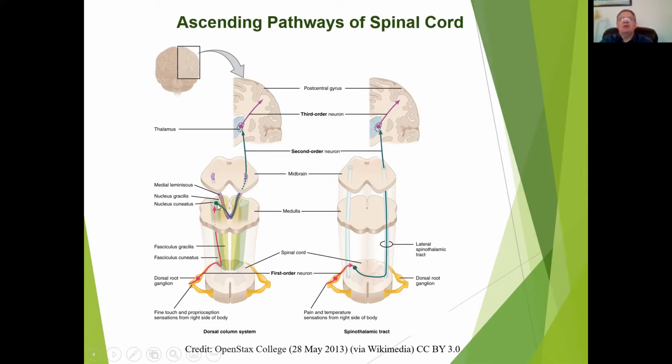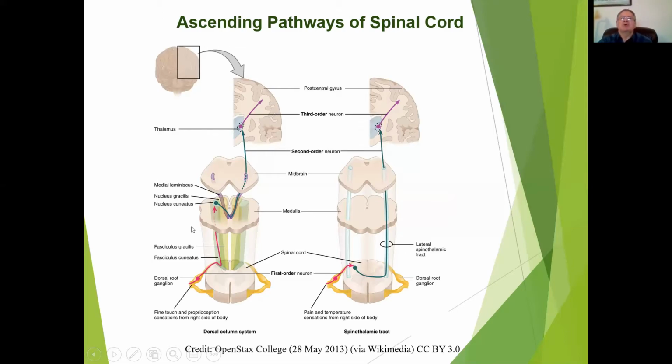After that, the axons cross the midline and proceed up to the thalamus, where they again synapse at neurons in a specific area, and then they get relayed to the post-central gyrus to the specific area that they're allocated to.